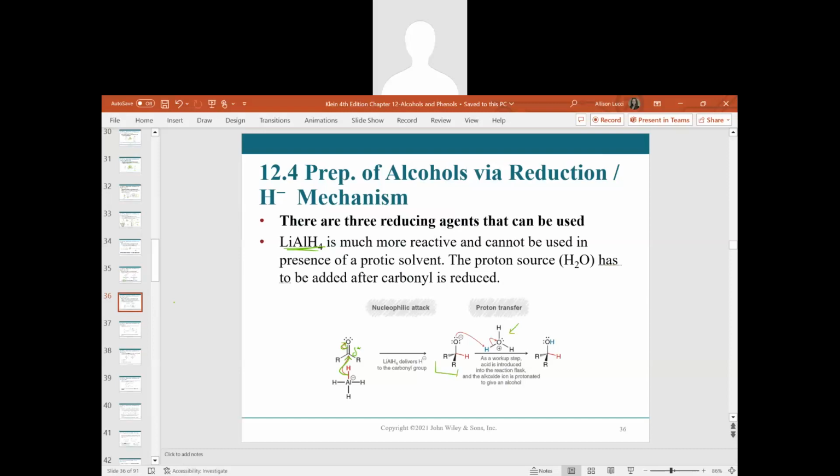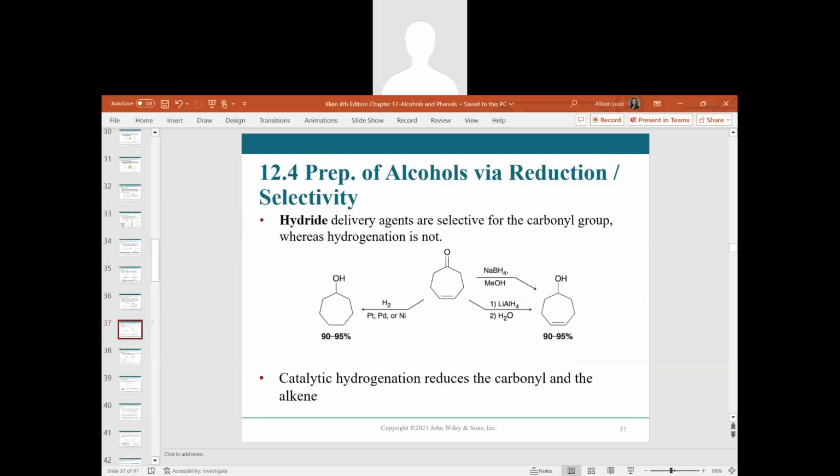So our proton source, rather, it has to be added after our carbonyl is reduced. So we cannot use that type of protic solvent. And then we see a similar product that results to our sodium borohydride reductions.